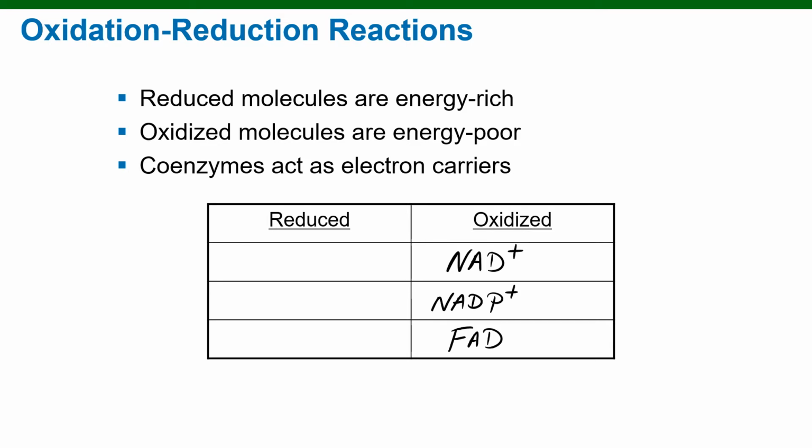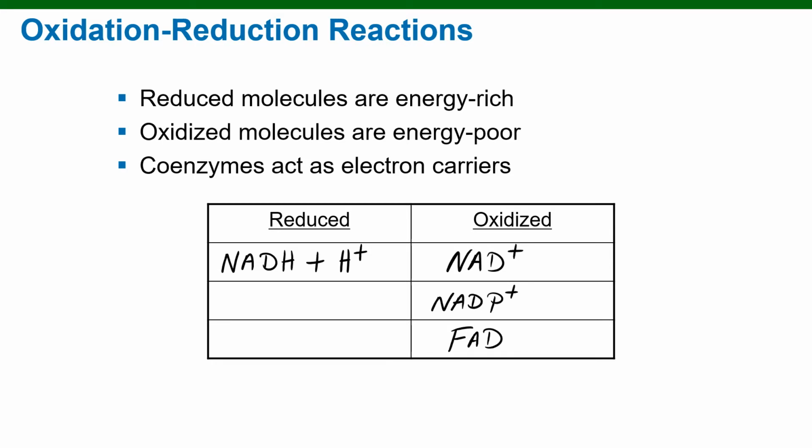So NAD+, when it picks up a hydrogen and a couple of electrons, will be written as NADH, and then there'll be a proton left over that's lacking an electron. Most books, including ours, will write this reduced form as NADH plus H+.